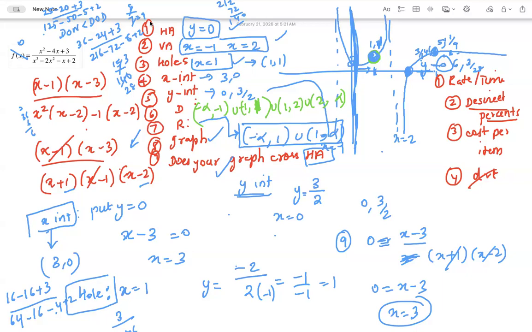Okay, let me write it down. So this is 1.25 divided by x cube minus 2x square, x cube minus 2 times x square, and then minus x plus 2, right?